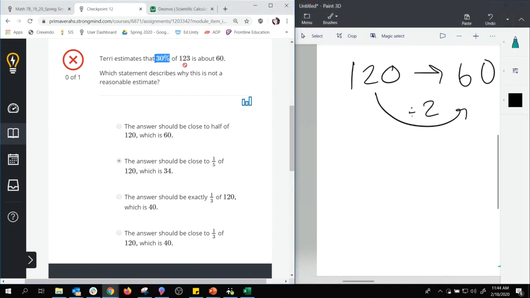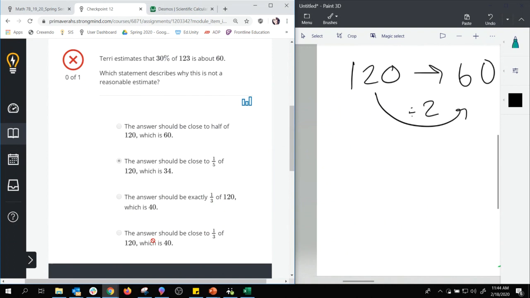30% is not the same as 50%. That's what she did. She found half of 120 to give us 60. But since we want to find out what 30% of 120 would be, we want to look at these two answer choices with the 1/3. The answer should be exactly 1/3 of 120, which is 140.